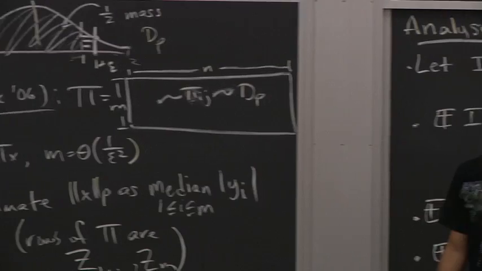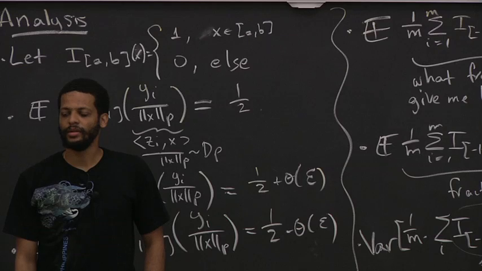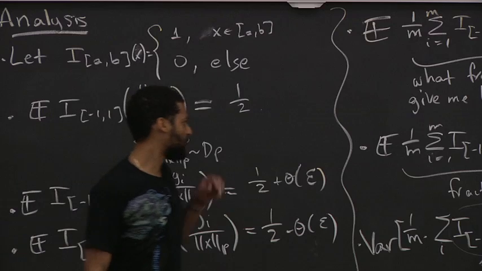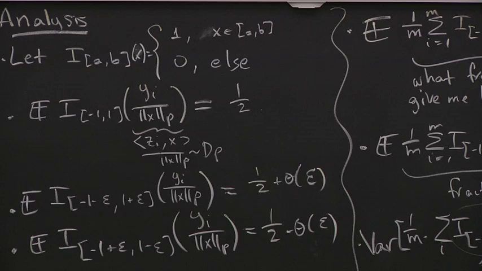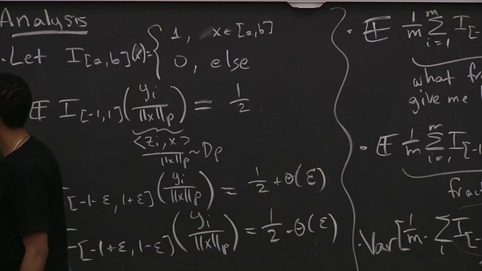Would you get a stronger guarantee if you use the Chernoff bound? Or I guess the question is why not use the Chernoff bound here? Yes, that is right. I think what you're saying might actually be correct.